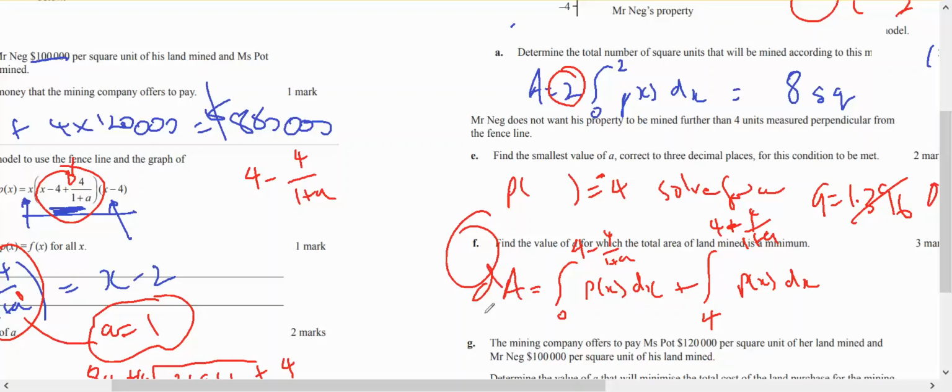Then I need to take the derivative of that with respect to A and set it equal to 0. So I'll do that on my calculator.